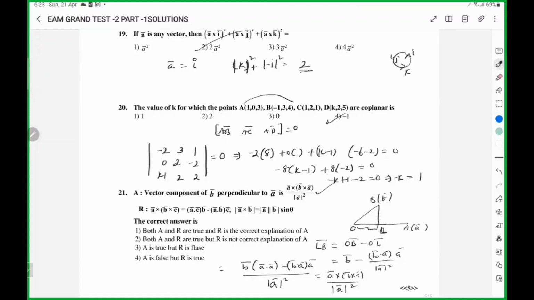So this is correct. So A cross B cross C, vector triple product, is correct. So both A and R are true, and R is the correct explanation.